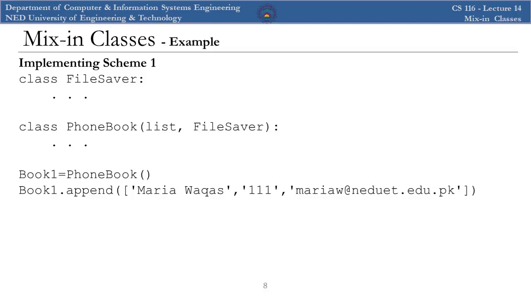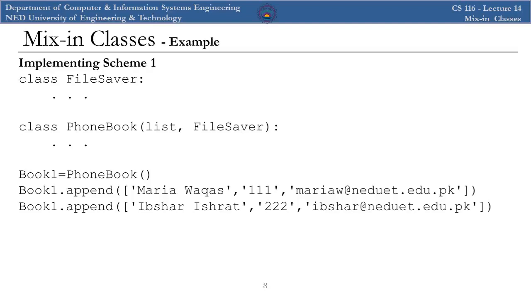So first I'm adding a couple of entries. This is the first entry. This will be saved in a two-dimensional list. I hope you are able to recall that we use that 2D list structure to store the information. So we'll append this first record, and then I'm appending a second record, and then I can simply call that method from file saver class, which was save to file, and I'm using this name. Now since you are accessing this on book1, the list that will be saved will be the one for book1, right?